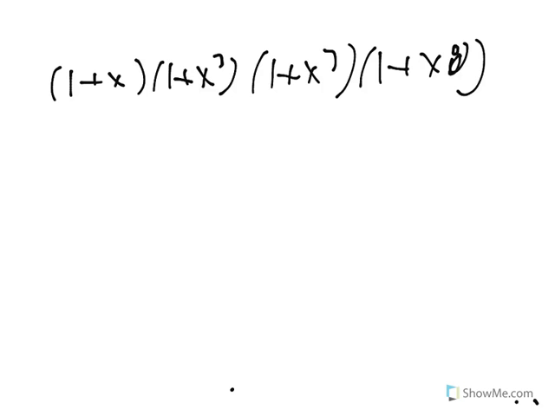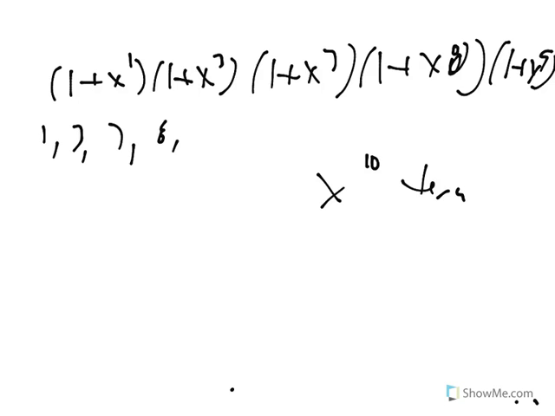I ask a question like, what's the x to the 10th term? Let me stick in also 1 plus x to the 9th. So you'd look at this and say, well, I'm looking for numbers that add up to 10 between 1, 3, 7, 8, and 9. So 3 plus 7 adds up to 10, 9 plus 1, those seem to be the only 2 ways, so it's 2.